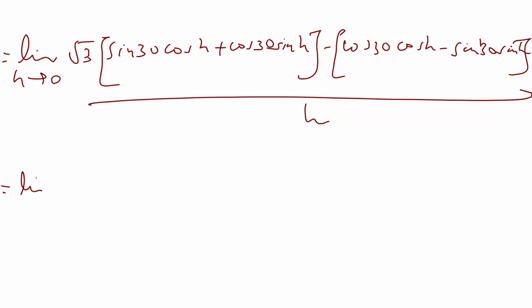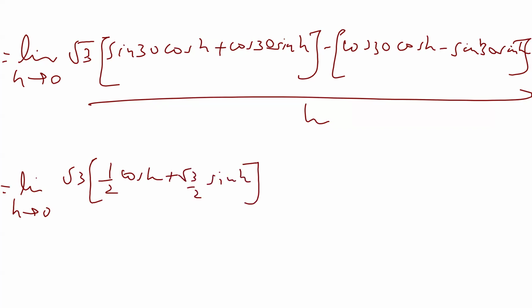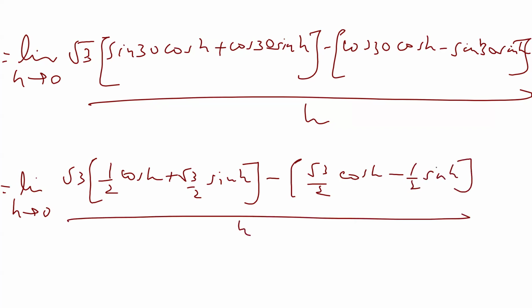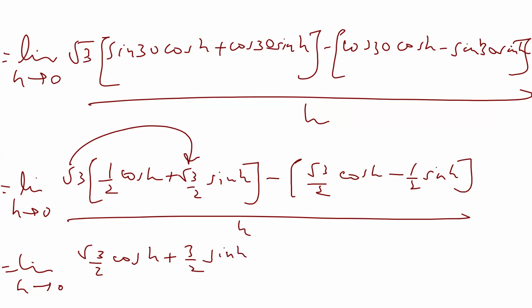Now put the values. Half cos h plus root 3 by 2 sin h, and the root 3 into root 3, 3 by 2 sin h minus root 3 by 2 cos h plus half sin h upon h.